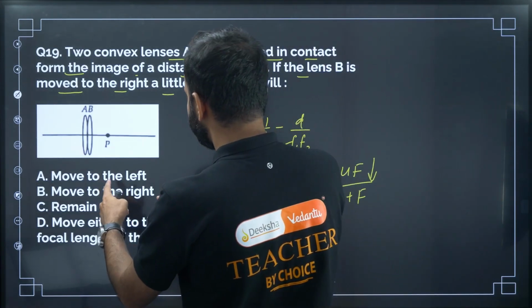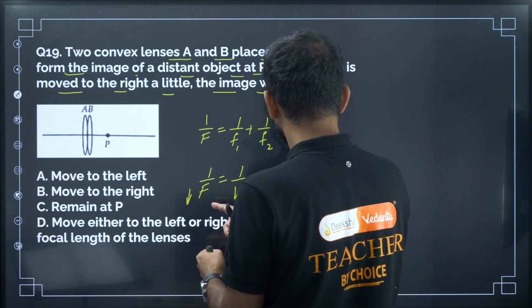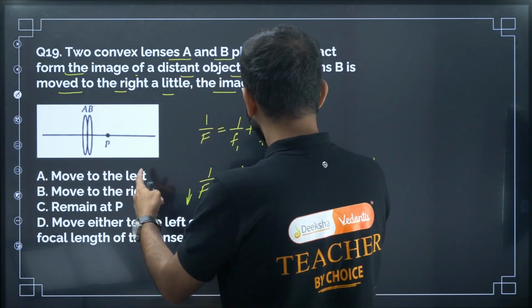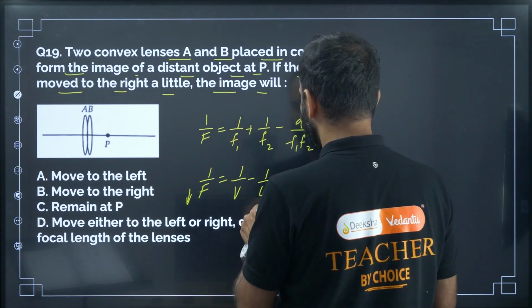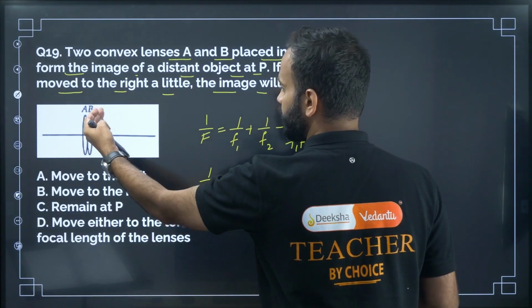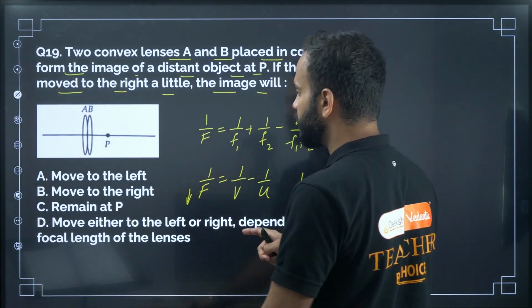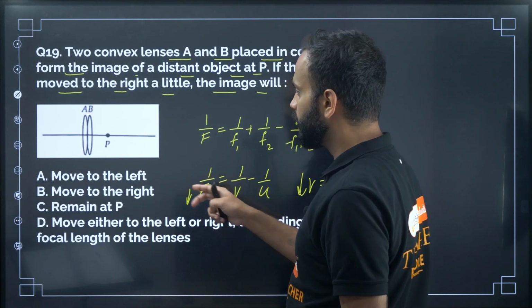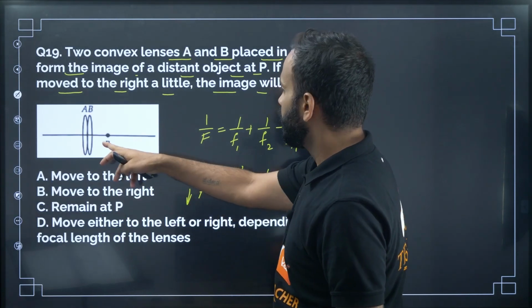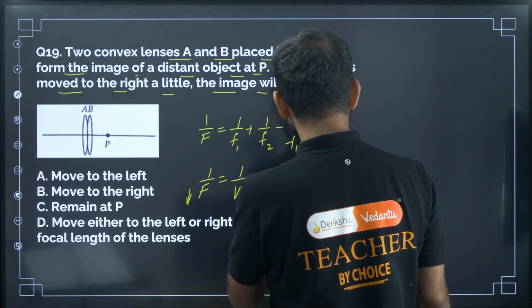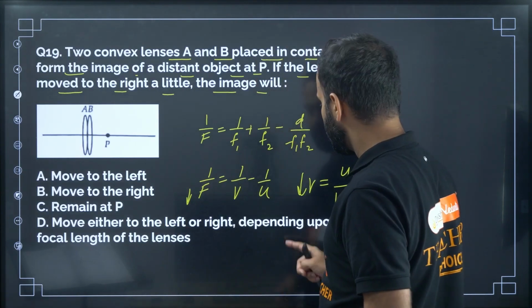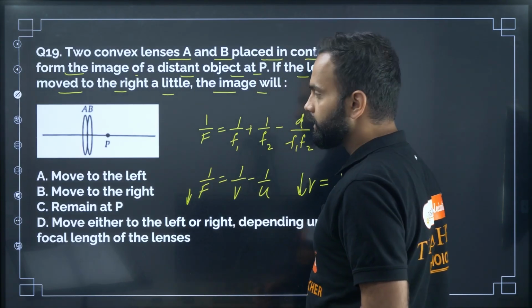Okay, so when f decreases, what happens? If f decreases, that is the combination of the lens decreases, the u value will also decrease because it is moving towards the object, right?